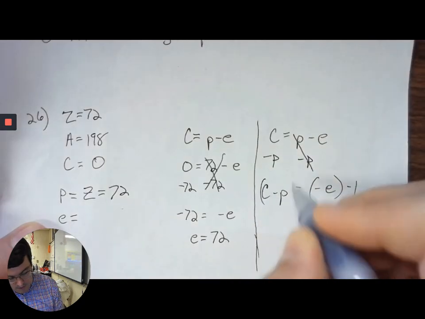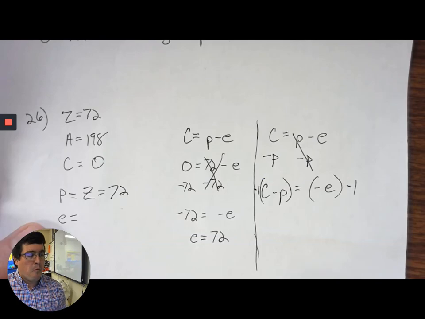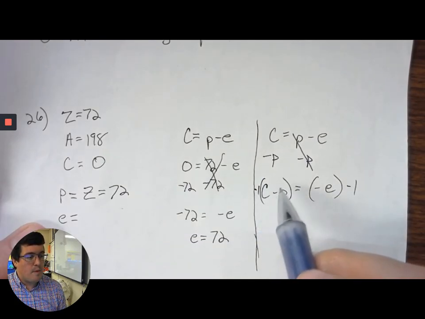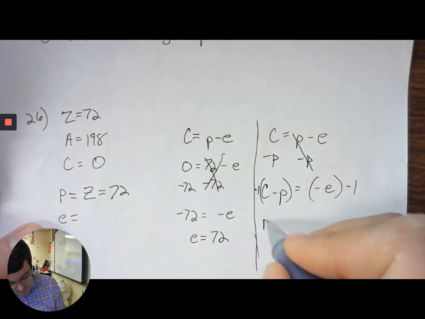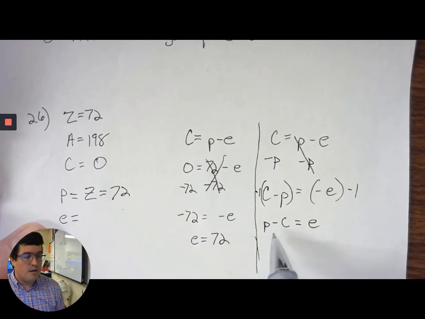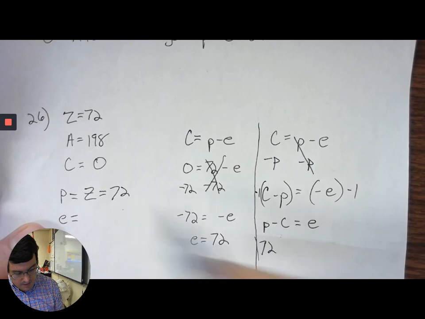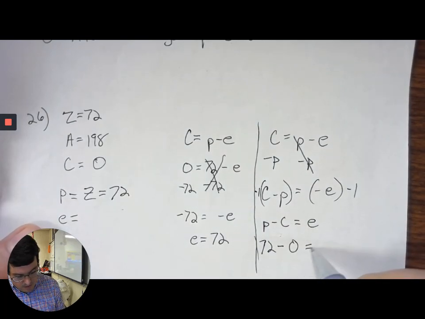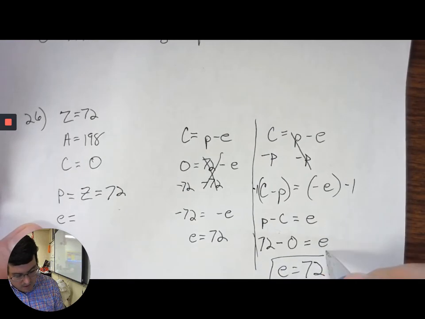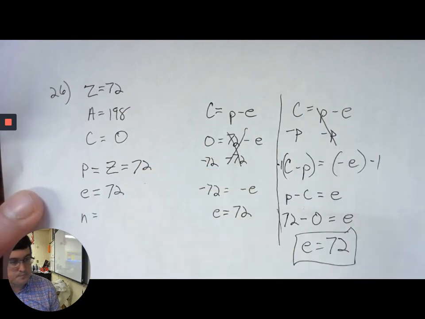For those of you who may not remember, multiplying by negative 1 flips that thing around. So we get P minus C equals E. Now I just plug them in. Protons is 72, charge is 0, equals E. I get E equals 72. Doesn't matter which way you do it, you get the same answer. Great. So E is 72.